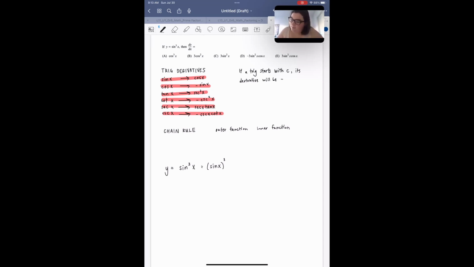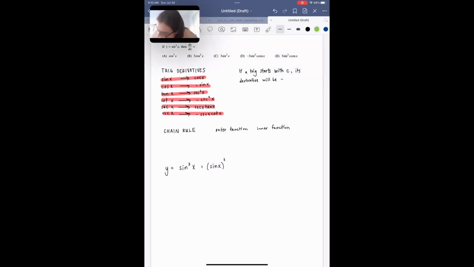Now our outer function is the parentheses to the 3, whatever's in the parentheses to the 3. I'm going to call it a. So say the outer function is a cubed. And then our inner function is what's on the inside, which is sine x.